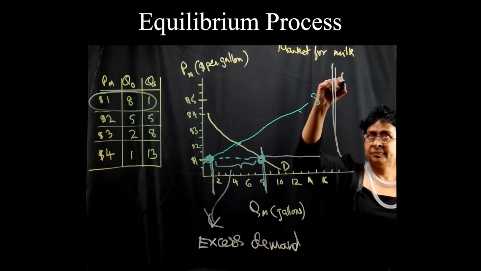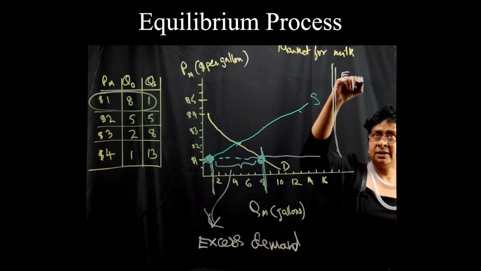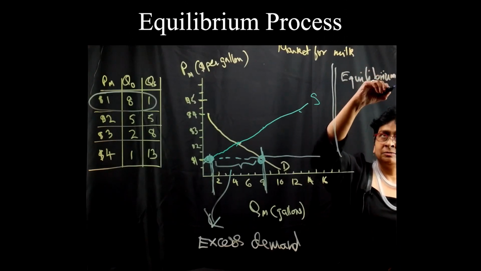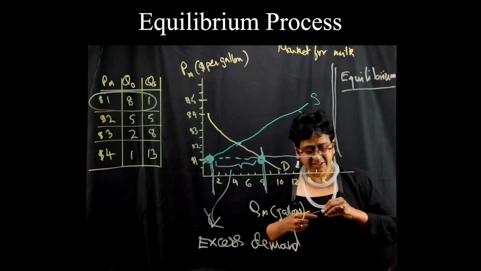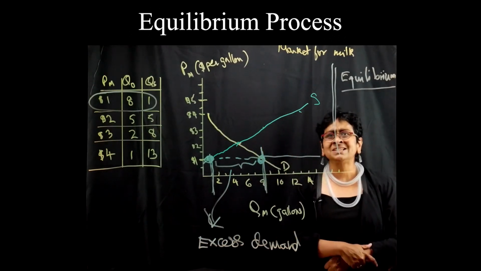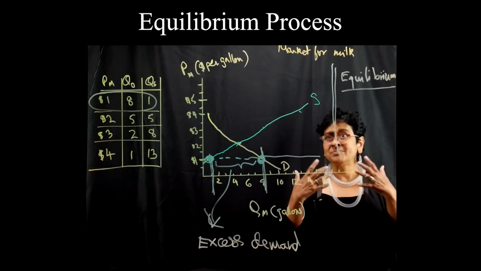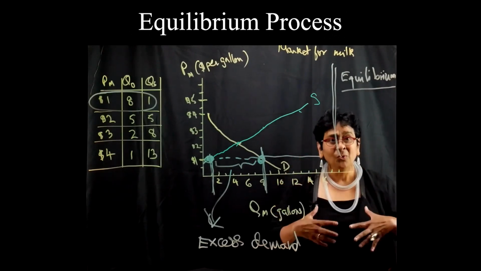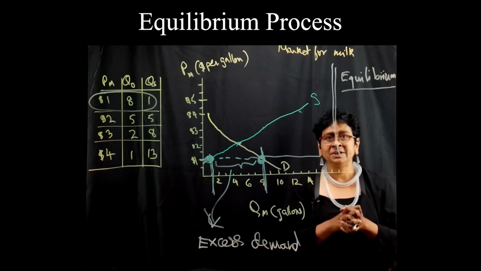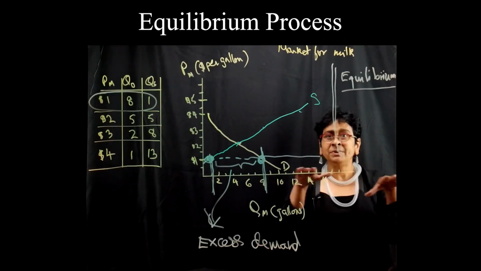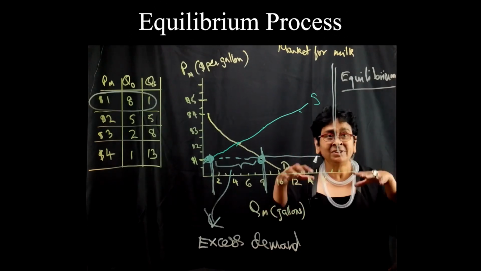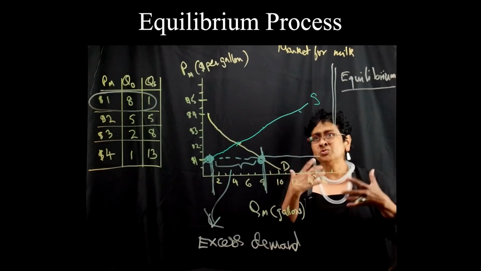Equilibrium is a word that economists use a lot, and it's taken from the natural sciences, actually physics, but other places as well. Essentially, equilibrium is a situation where something has come to rest. There is no additional tendency for change. So a situation of equilibrium would be when no more changes can happen, all right? But if there are going to be changes, the situation is not one of equilibrium.